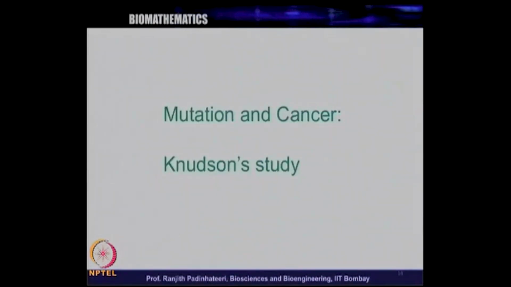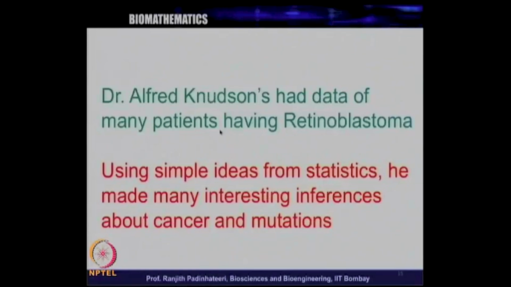Dr. Alfred Knudson was a well-known doctor at MD Anderson Hospital in Texas. He was treating patients with retinoblastoma, a type of cancer that affects the eyes, a cancer tumor in the eyes. That is called retinoblastoma.